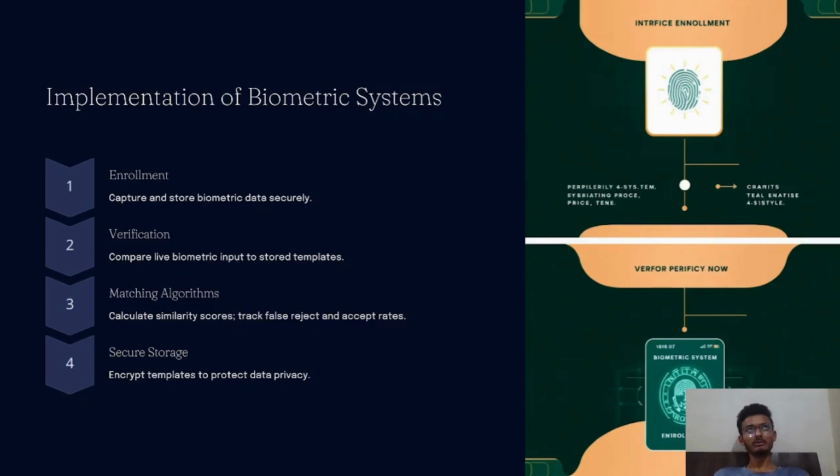It matches your fingerprint with the databases. The fourth is secure storage, to encrypt the template to protect data privacy. That's the basic knowledge of secure storage. And once you have been matched, some kind of event will be performed.